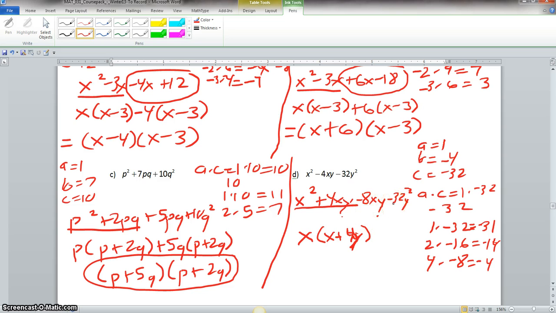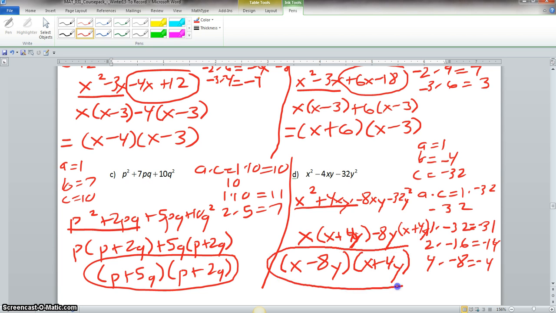So negative 8 and 32 have negative 8 in common, and then we could factor out a y as well. And in our parenthesis, we'll just be left with x plus 4y. I ran out of space here, but you all can see this is x plus 4y. Now, in one of my parentheses, I have x minus 8y. In the other parenthesis, I have x plus 4y. And that is the final answer here.